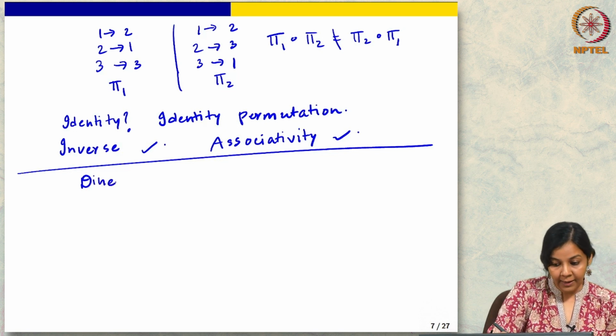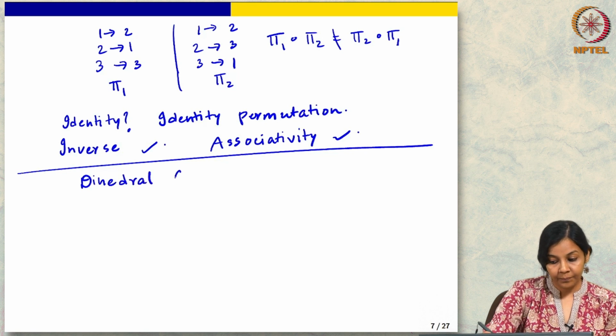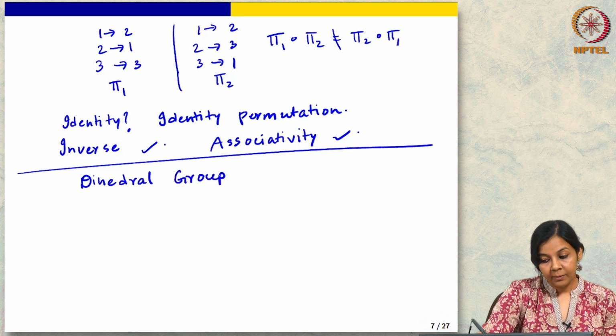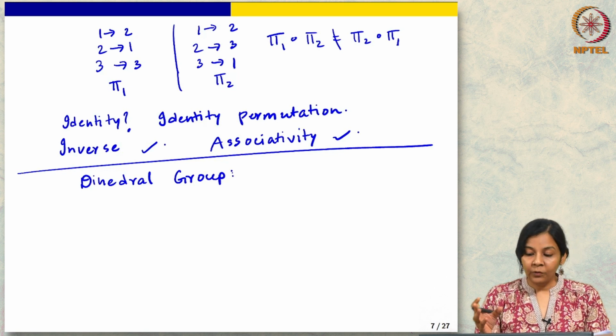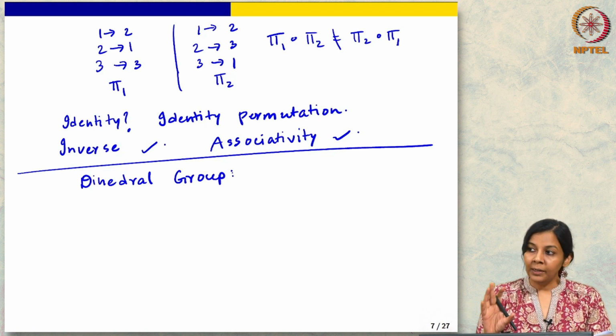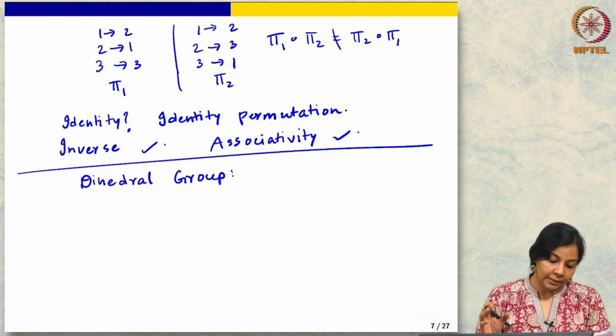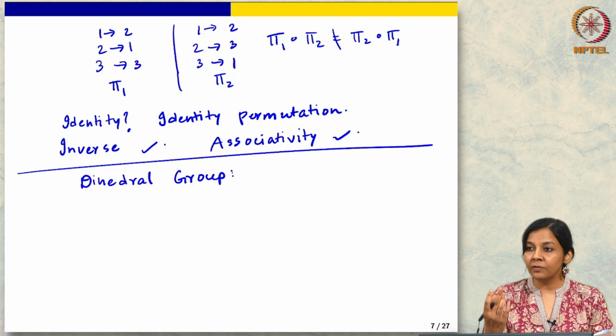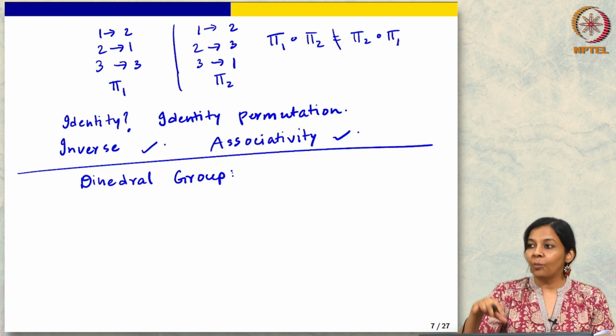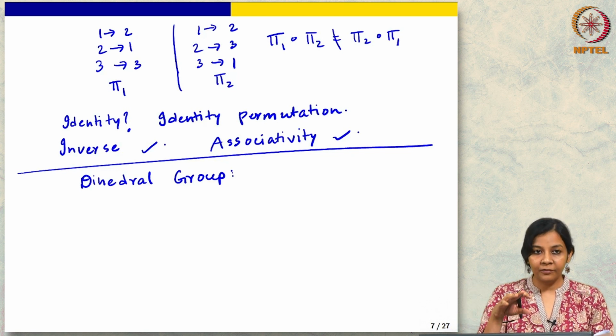This is the dihedral group. This is also a group of permutations, but now with a certain structure. This is the set of automorphisms or self isomorphisms of n cycle graphs.